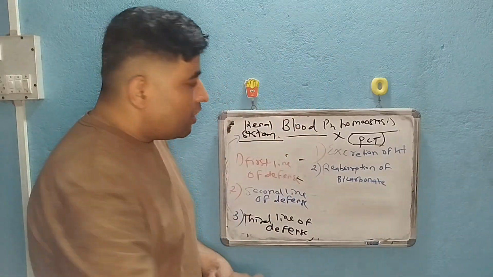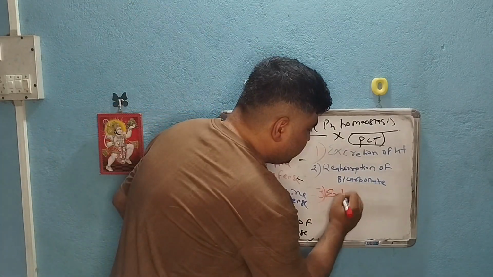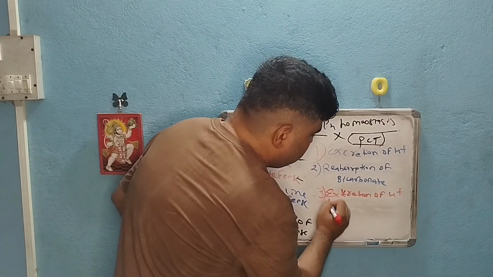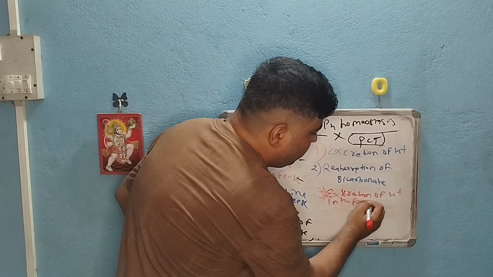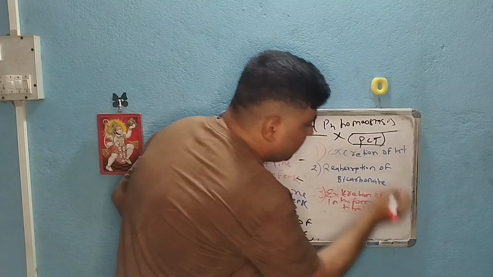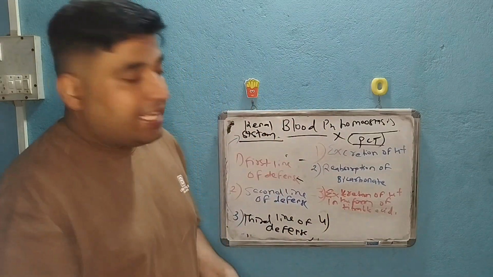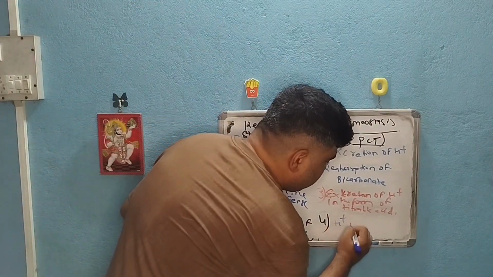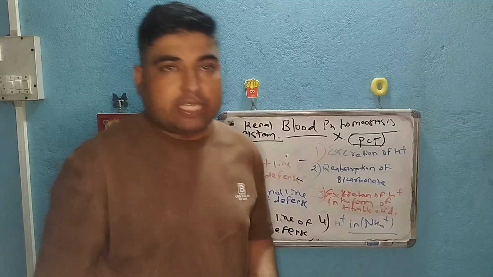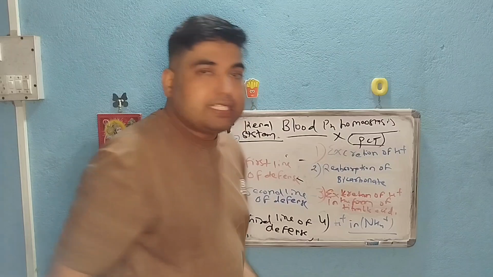Third is the excretion of H plus ions in the form of titratable acid. And the last one is excretion of H plus ions in the form of ammonium ions. So these are the processes done by the renal system.